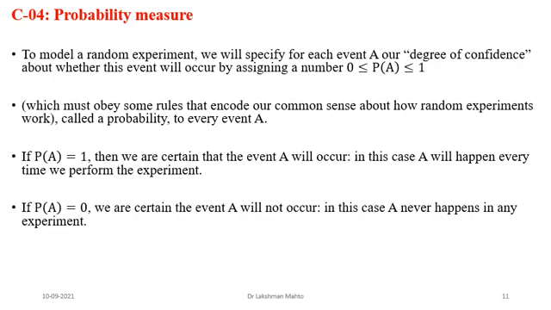What does it mean? If the probability of that event is 0, we are very much certain that A will not occur. Probability equal to 0 talks about non-occurrence of the event A. So A will never happen in any experiment, like an impossible thing.